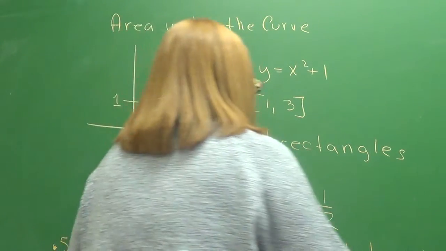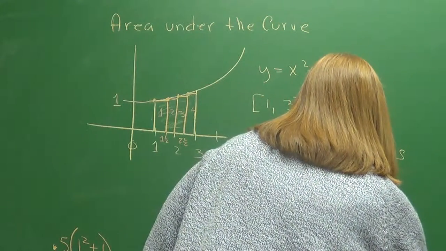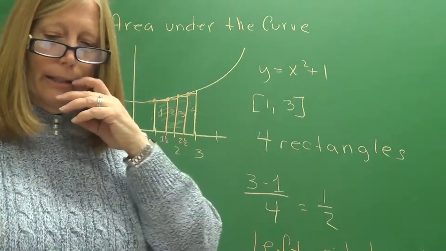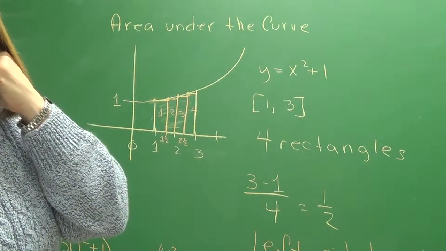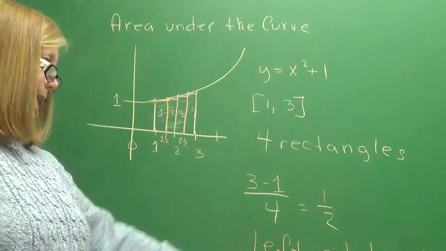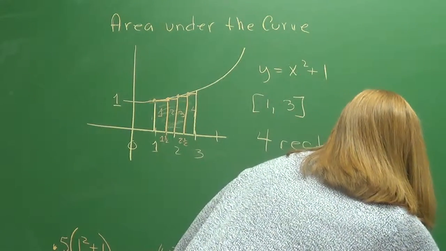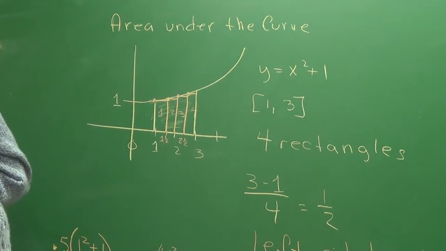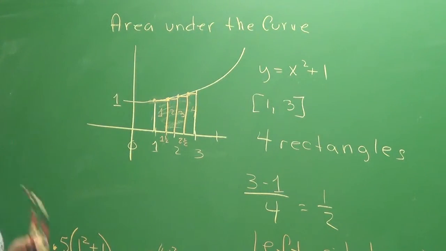And this one comes out to 8.75. When you plug all that in and simplify, you'll get 8.75 units squared, since it's an area. So, any questions about that?